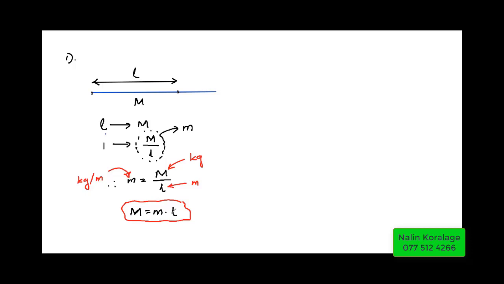Put into the mangoes notation and just remember that this is the price per mango multiplied by the number of mangoes, which gives you the total price. For example, if one mango's price is 10 rupees and the number of mangoes is 5, then 5 into 10 is equal to 50, which will be the price of the total number of mangoes, which is 5 in this case.